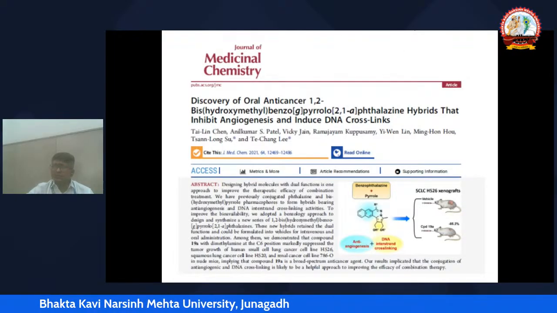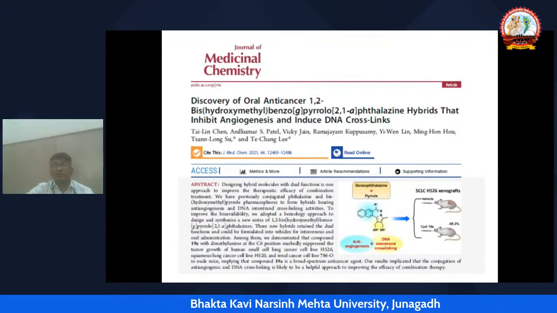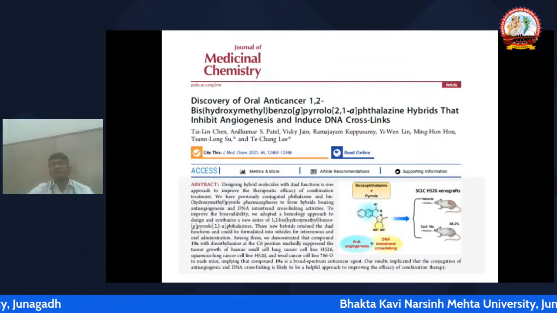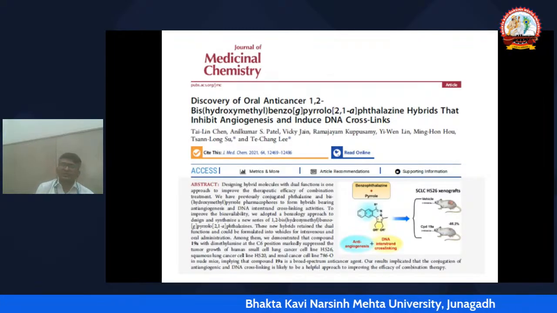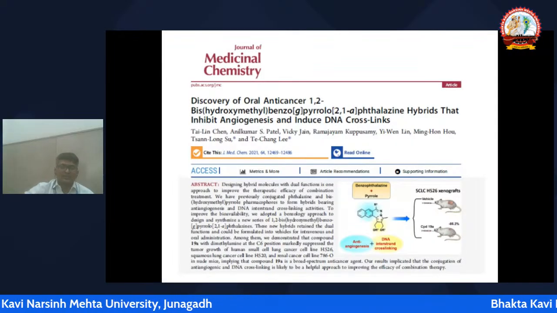Similar to the earlier research work, we have benzologue molecules from our previously identified lead molecules, and we have checked these molecules for anti-cancer activity through the oral mechanisms, and it gives a very good anti-angiogenesis activity as well as DNA cross-linking.